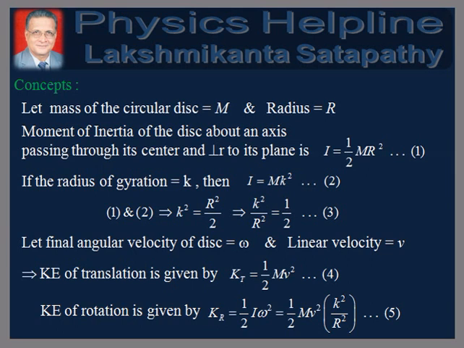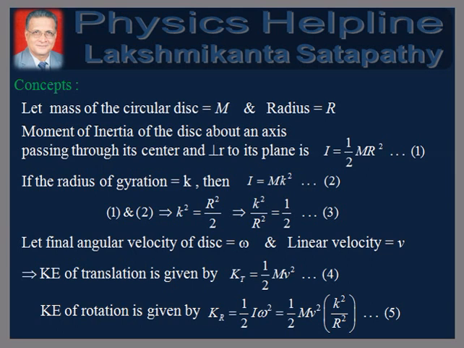If the radius of gyration is k, then moment of inertia I is equal to mk square. From equations 1 and 2 we get k square is equal to r square by 2, which implies k square by r square is equal to 1 by 2.